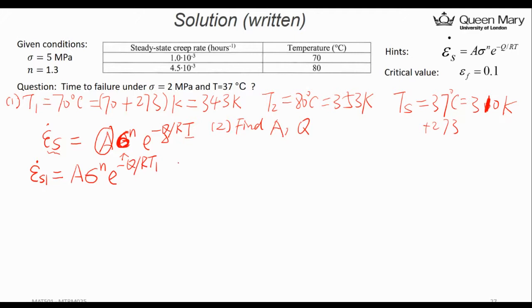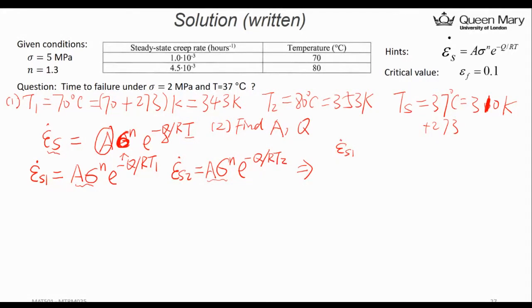Similarly, for the strain rate 2, we just basically copy the equation, just change the temperature to T2. So if you want to get the Q, the quickest thing I think here is to cancel all this out. Okay, so let's do that.